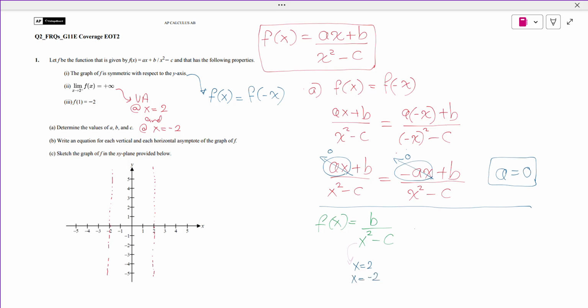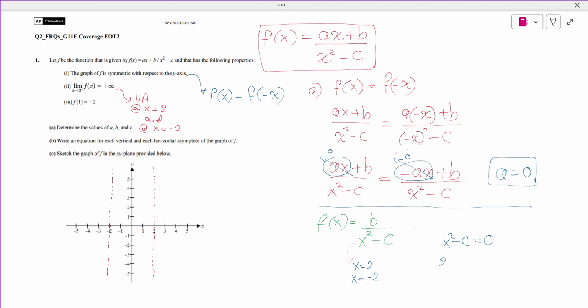So how do we make the whole denominator 0 when we substitute x equals 2 and x equals minus 2? So if we take the denominator, which is x squared minus c equals 0, because when the denominator is 0, we have a vertical asymptote, and the vertical asymptote happens at 2 and minus 2.